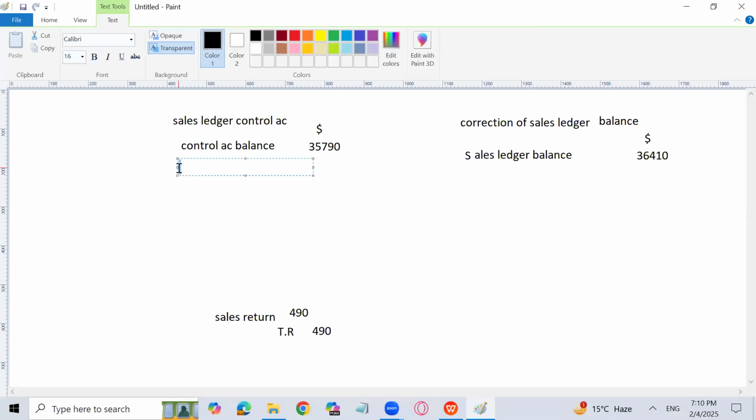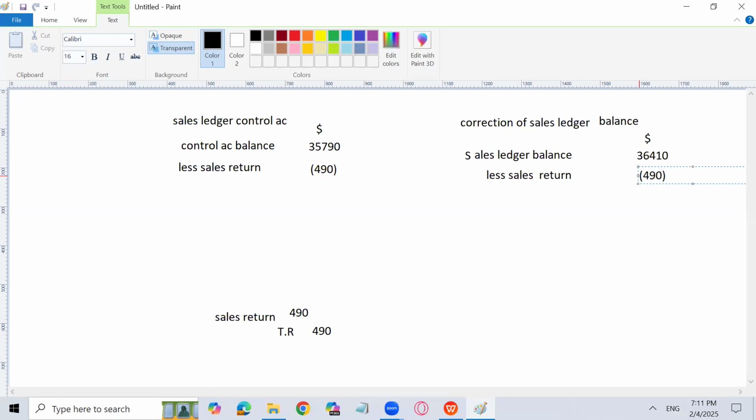So simple. Less sales return, because we have not subtracted sales return in the control account. We have not written it on the credit side. So I will write here 490, and it will also be subtracted from here. Less sales return, because if an entry is omitted, it will be rectified in both control account and ledger balance.